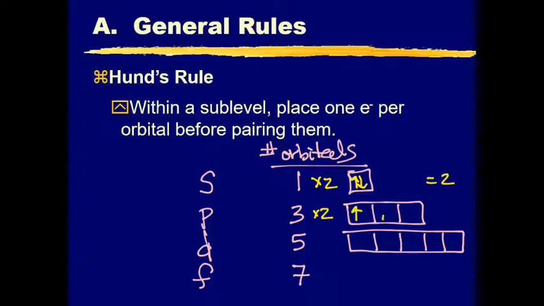Hund's rule is saying you have to spread them out first, and then if you need to, go back and double up. 5 times 2 is 10. Again, Hund's rule says spread them out within that sublevel first, then go back and double up. We're going to start with up arrows for clockwise and down arrows for counterclockwise, and that's as specific as we're going to get about that.